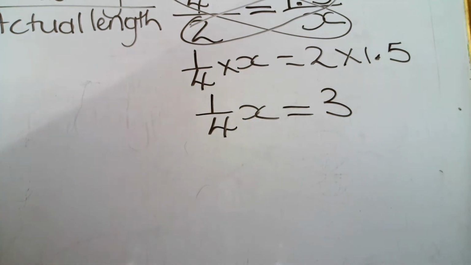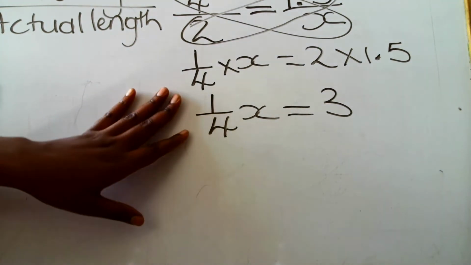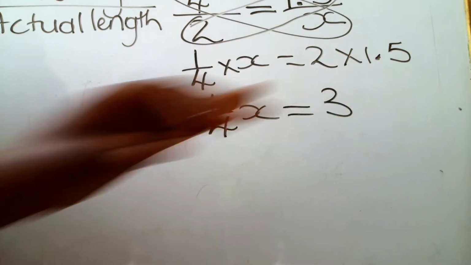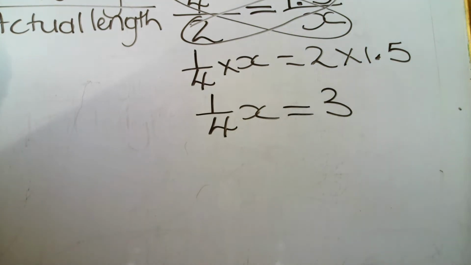Remember, we want to find what one of the x is equal to. We know that 1/4 of the x is equal to 3. We want to know what one x is equal to.